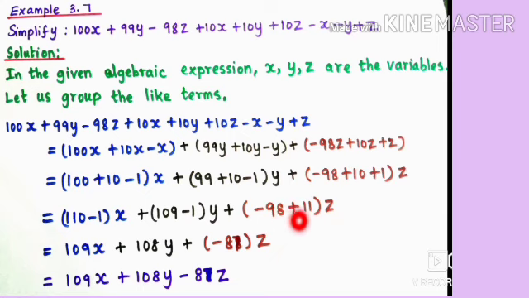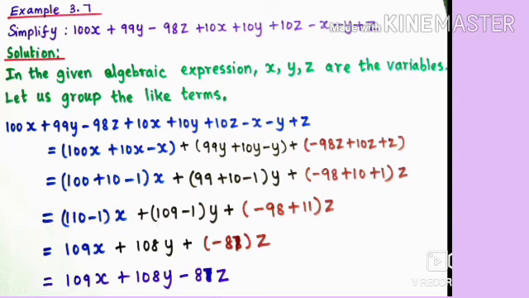So here the difference of 98 minus 11 is 87, and the sign of the larger one is minus. So minus 87 is the value of this addition of integers. So finally we get 109x plus 108y minus 87z as the simplified algebraic expression.